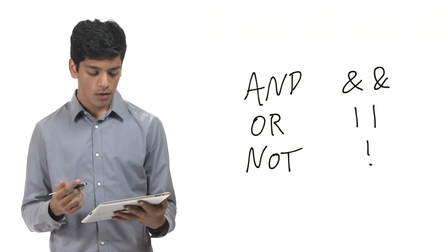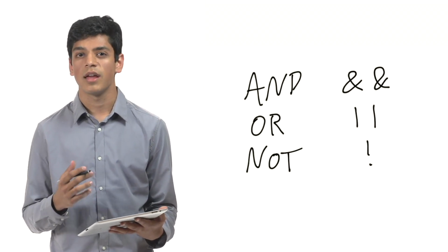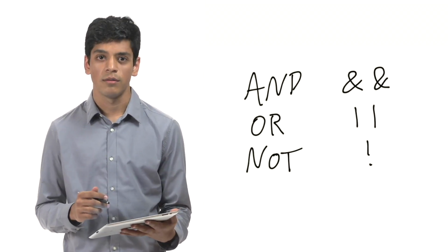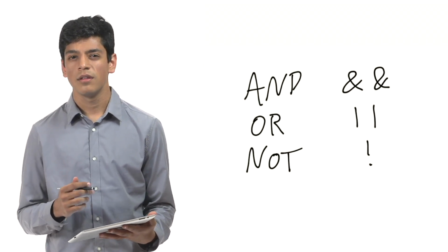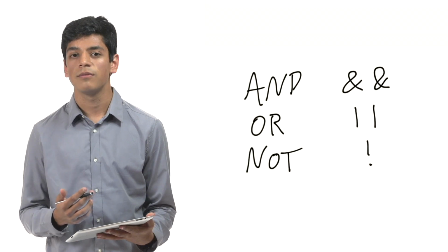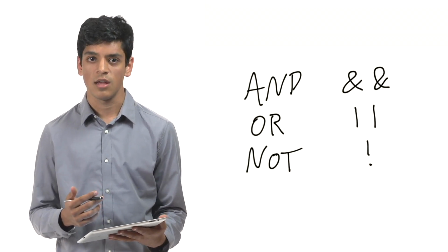Next, let's look at how these Boolean expressions can actually be used in a programming language. In C, the syntax for Boolean operations is a bit different from the words and, or, and not. Let's cover the syntax. To use the and operator, we write a double ampersand. The or operator is a double pipeline character. This is the straight vertical line which you can probably find above the enter or return keys on your keyboard.